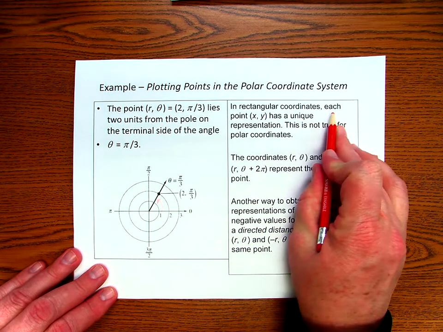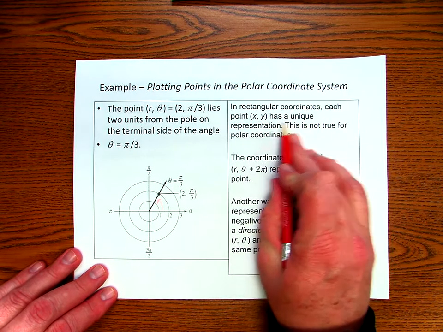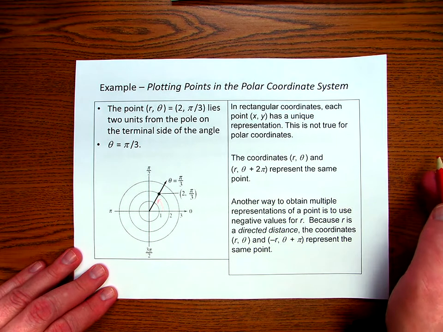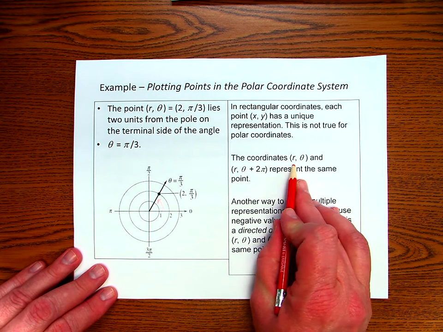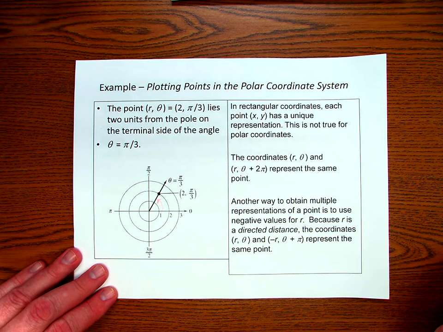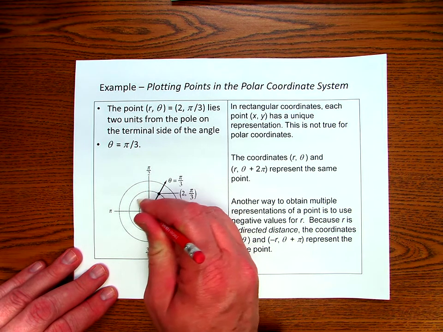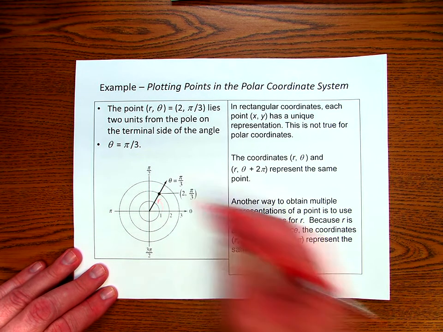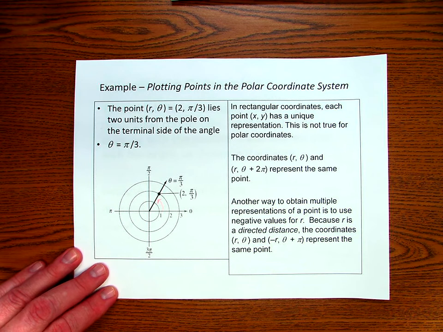In rectangular coordinates, each point xy has a unique representation. This is not true for polar coordinates. The coordinates r theta and r theta plus 2 pi represent the same point. So if we were to rotate around another full circle, that would be another way of locating that same point.